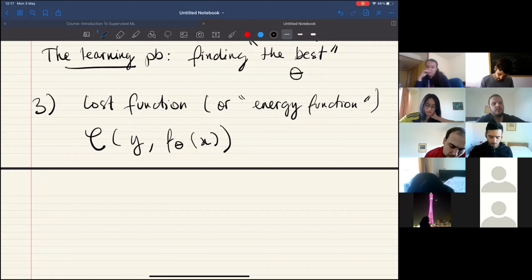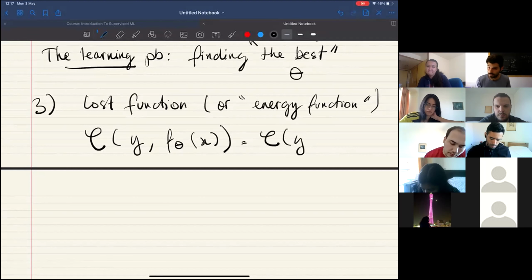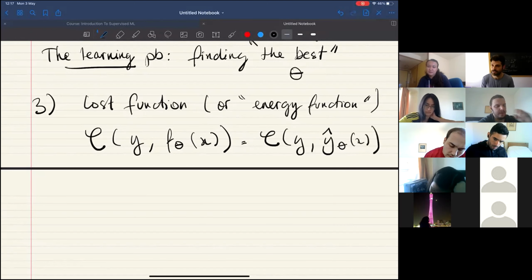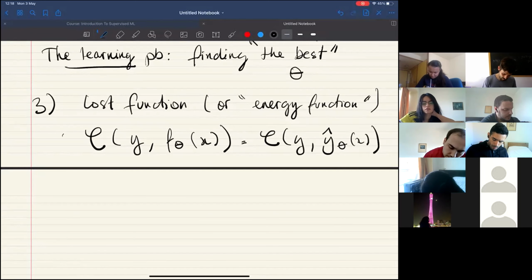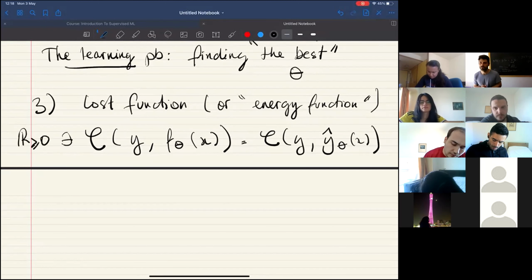This is also written as a cost between the true label of a given data point and your estimate of the label according to your model. This is the output of your model, right? And this is a function that belongs to the non-negative real numbers. So we will not allow this cost to be negative. Essentially we want to make this cost as close as possible to 0.